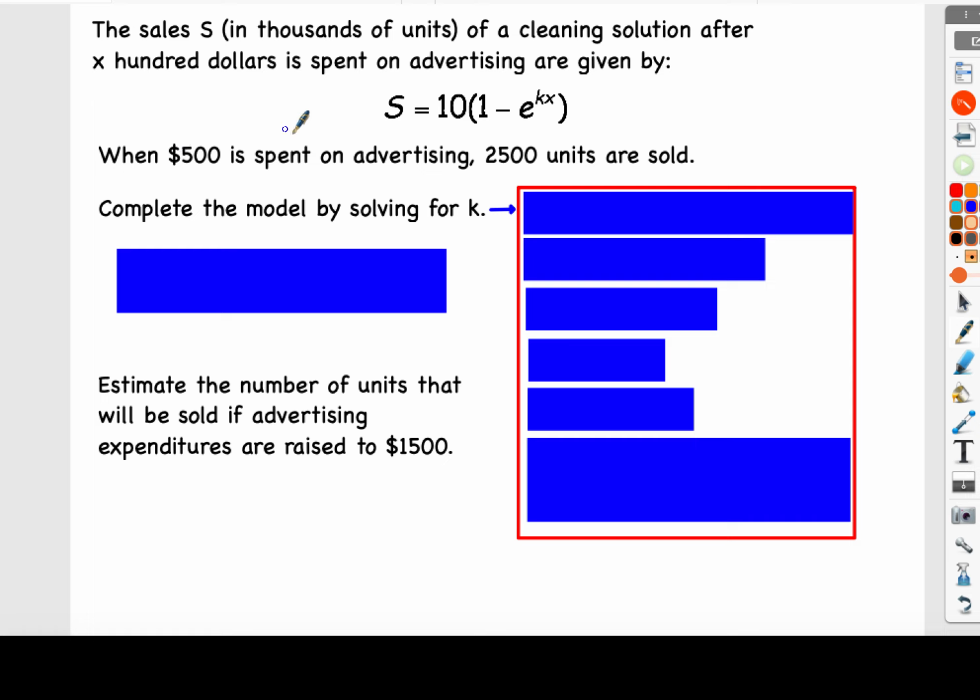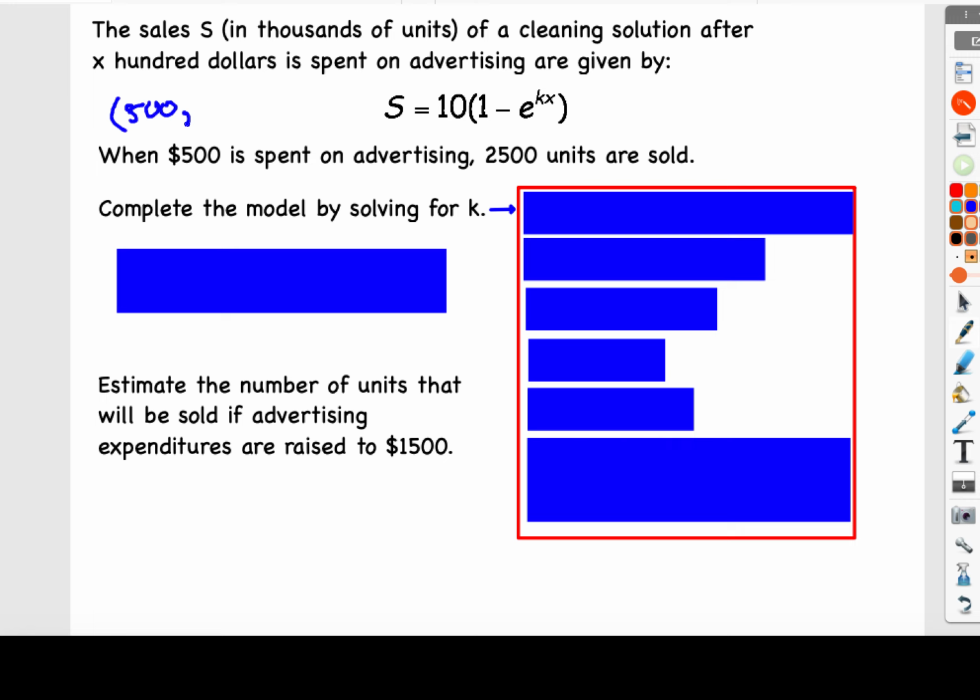When $500 is spent on advertising, we know that 2,500 units will be sold. Well, there's our given information. There's a coordinate point for us. If S is the units sold, we just figured out that when X is 500, Y will be 2,500 units sold.